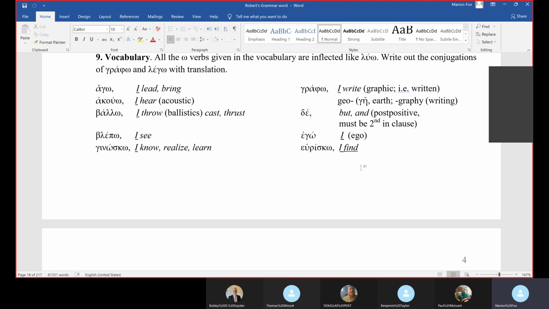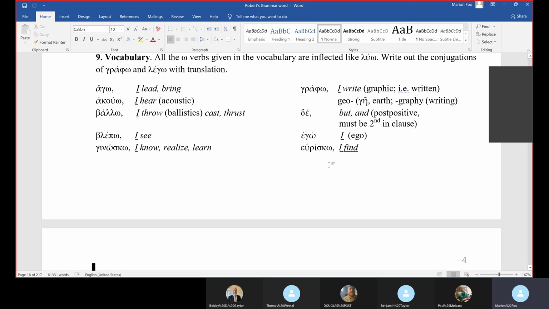Now, what we have here are some words that are found many, many times in the New Testament. So he's introduced these words that are found quite frequently, not rare. Ego is a pronoun, and our English word ego probably comes from this word. The best I can tell from my research, it comes from this word, ego.